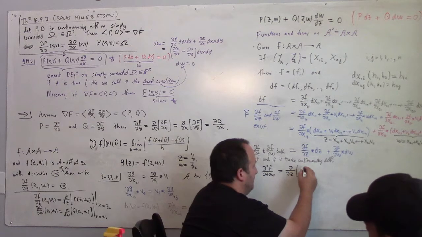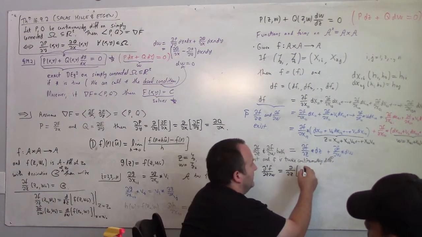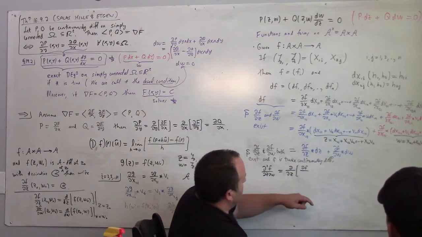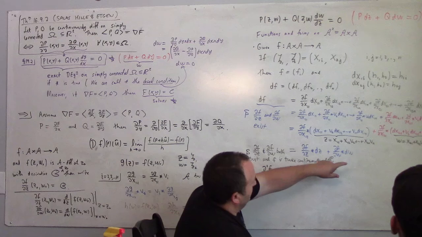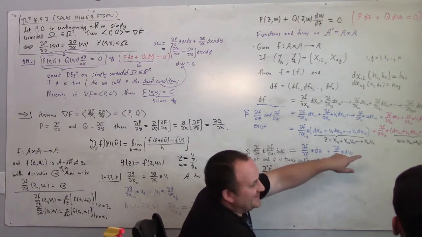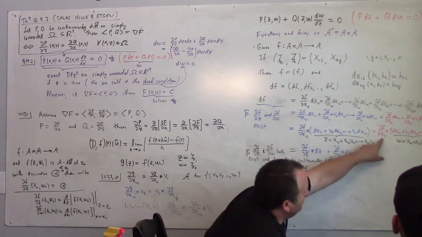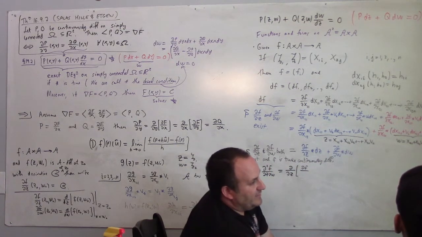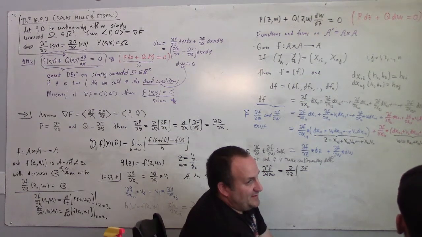Partial f partial w is d dw f z naught. Oh wait, are we going over here? Yeah, we're going to suppress the point, since this is the first draft. Typically in a proof like this, I'll go through a sloppy version, and then I'll add the point and try to make sure I'm not deceiving myself.